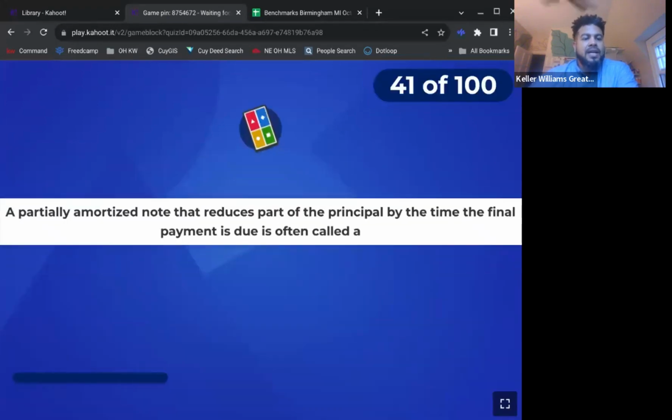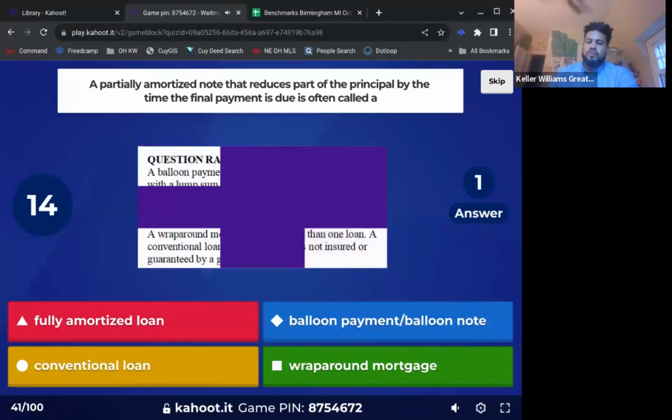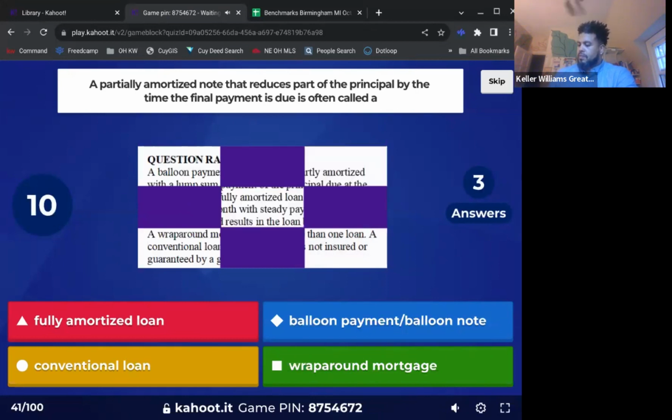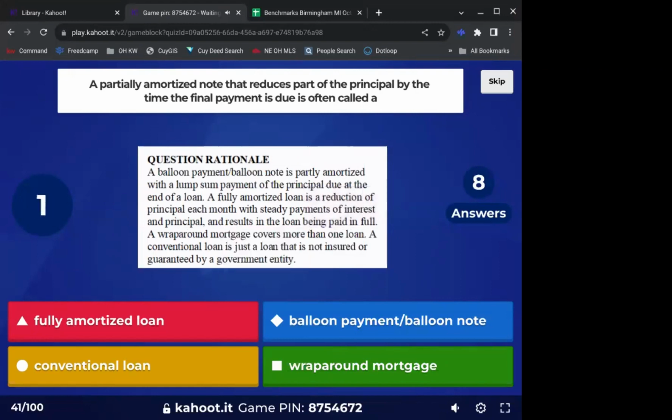A partially amortized note that reduces part of the principal by the time the final payment is due is often called a... Balloon.